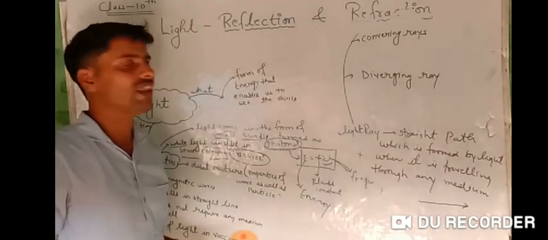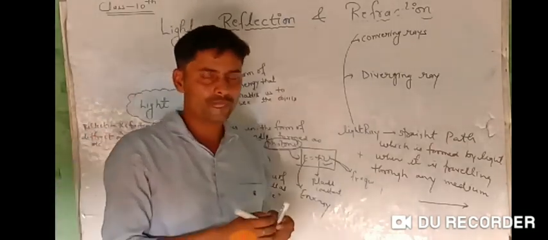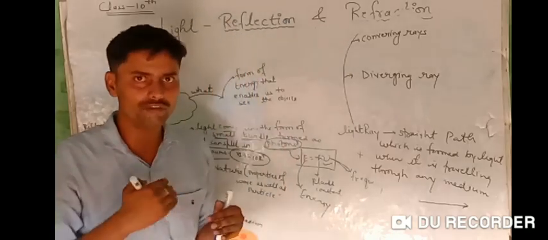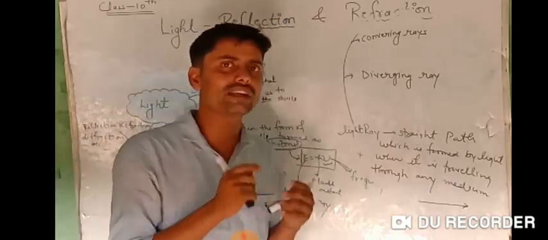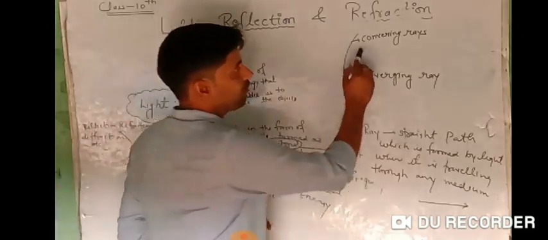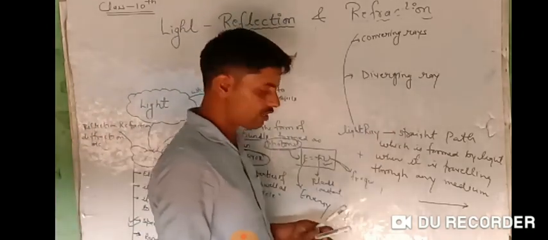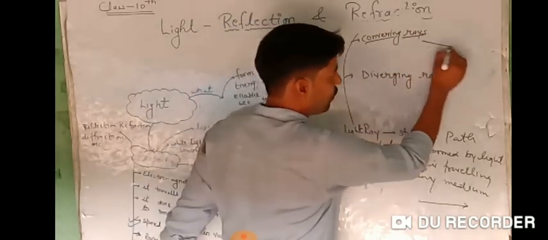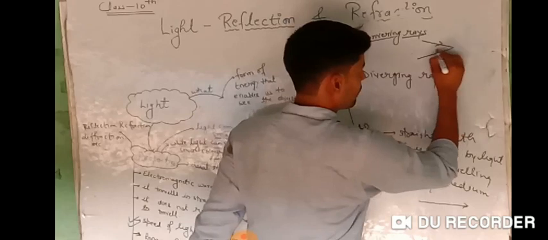If a group of light rays are meeting at a single point, then that type of rays are called converging rays. The diagram of converging rays is shown as follows.